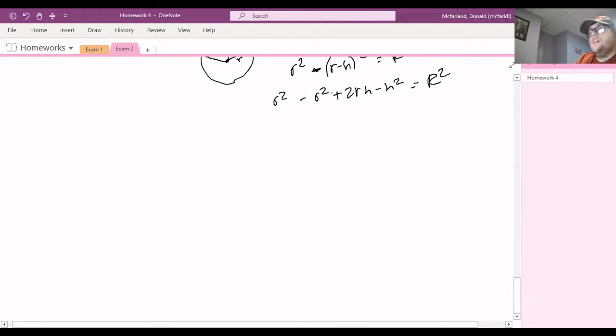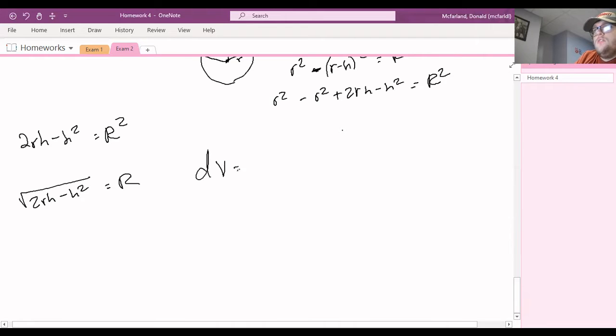As you notice, the R squareds will cancel out, leaving us with 2RH minus H squared is equal to r squared. Square root both sides, and we are left with the square root of 2rh minus h squared is equal to r. So if we go back to our formula, dV equal to pi r squared, we get pi (2rh minus h squared) dh.